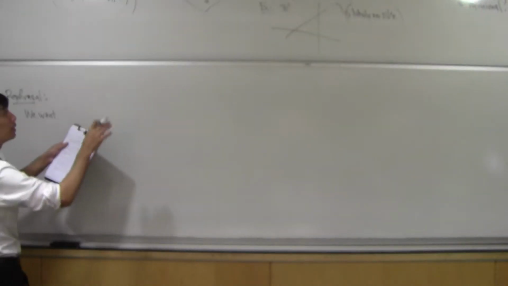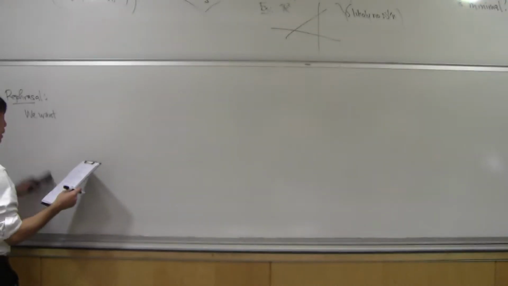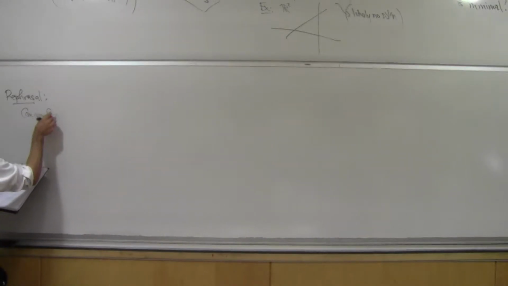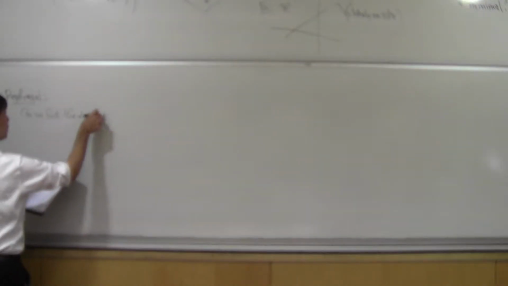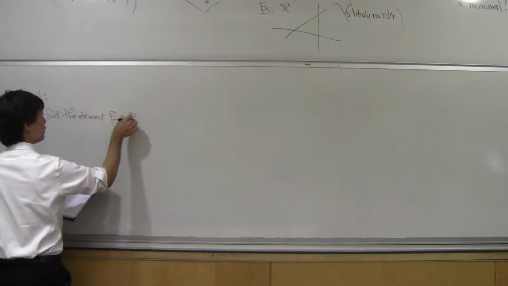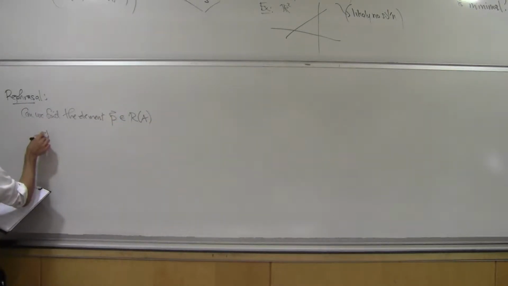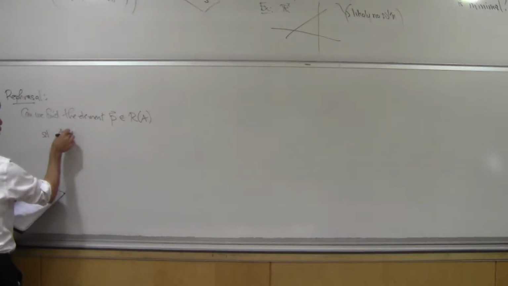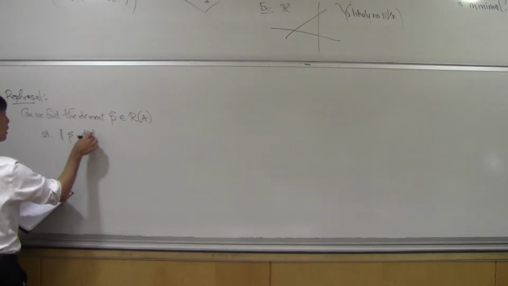We want to minimize. We're trying to minimize this Ax minus b. So we say, can we find the element p in the range of A such that the magnitude of p minus b is minimal?